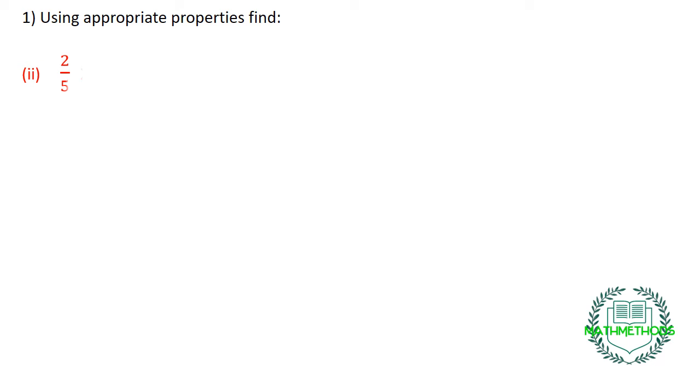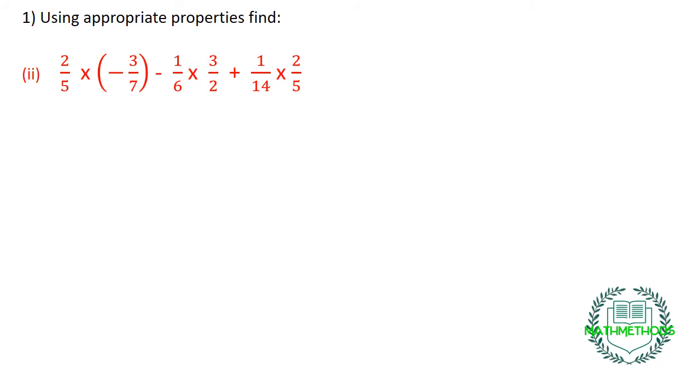Example 2: 2 upon 5 multiplied by minus 3 upon 7 minus 1 upon 6 multiplied by 3 upon 2 plus 1 upon 14 multiplied by 2 upon 5. First, let me remind you of the rule to solve such a mathematical expression. In any mathematical expression like this, you may have to perform different mathematical operations like addition, subtraction, multiplication or division.